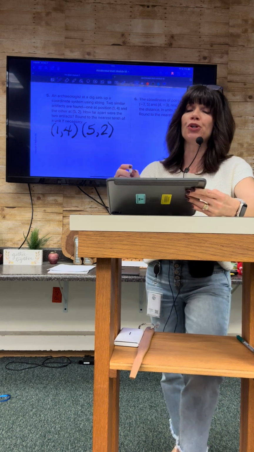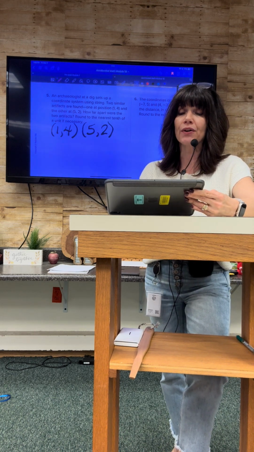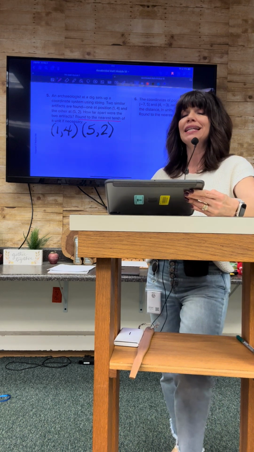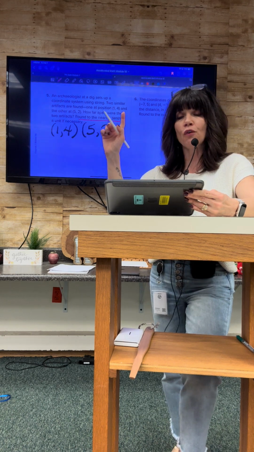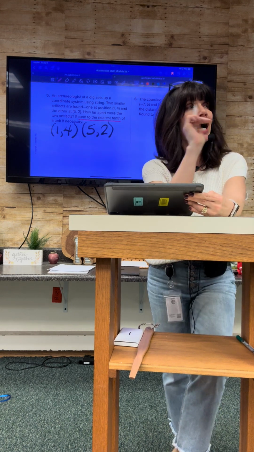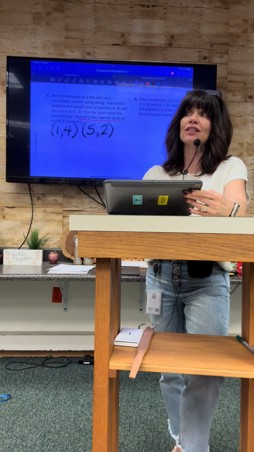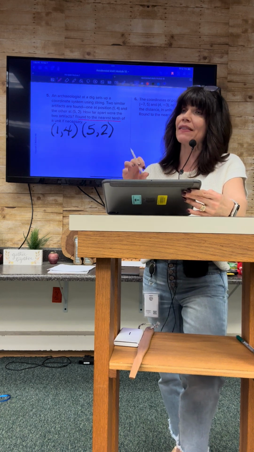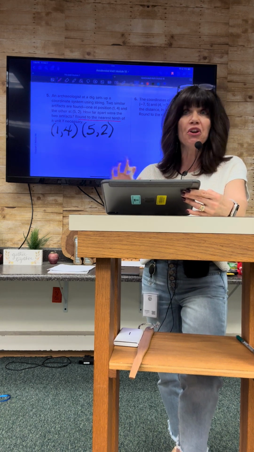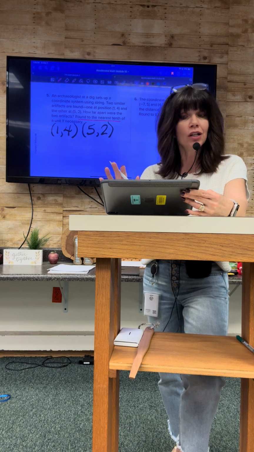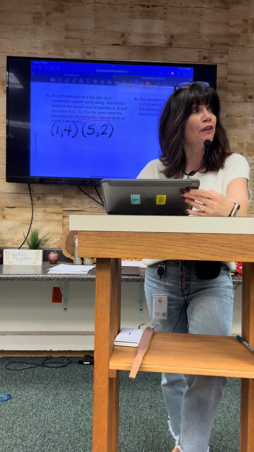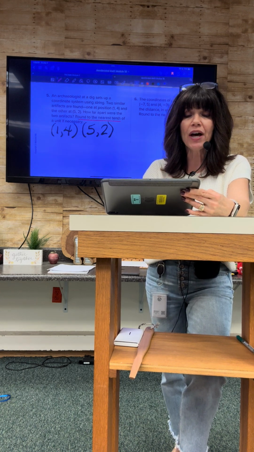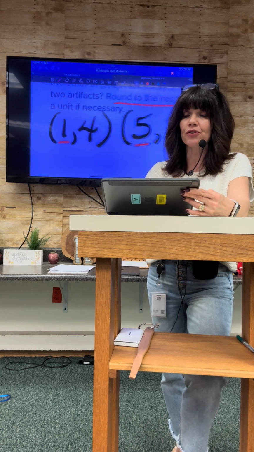And of course, the usual, round to the nearest tenth of a unit if necessary. So first things first, if I were looking at this to decide what it is by the numbers only, no need for a grid, y'all. Underline your first values in each ordered pair, the x values. What did you just underline?